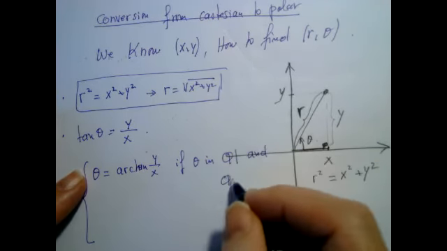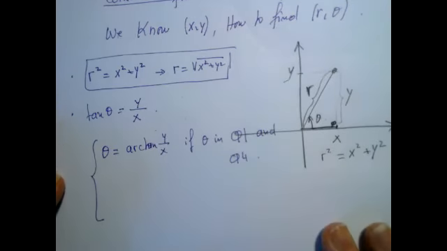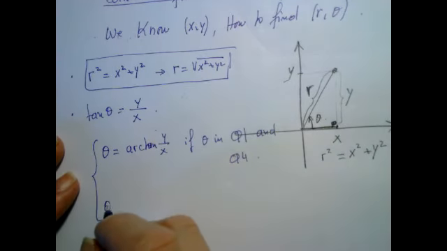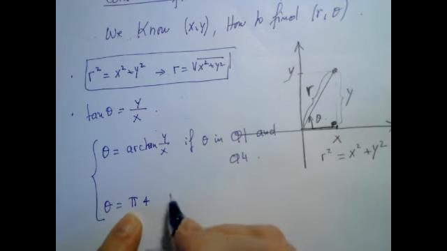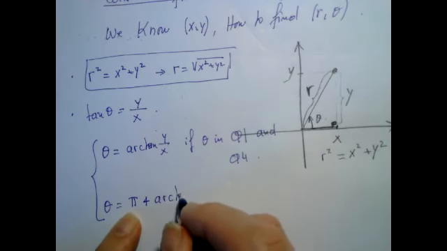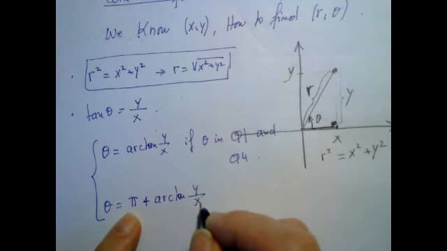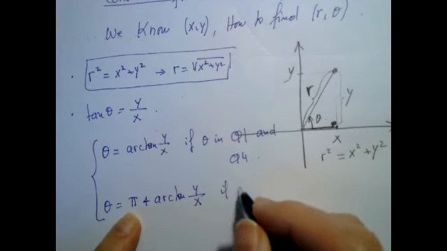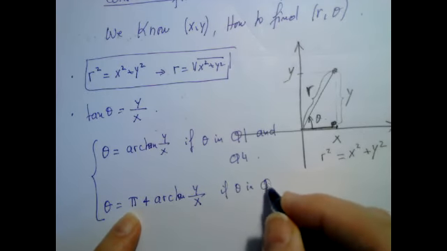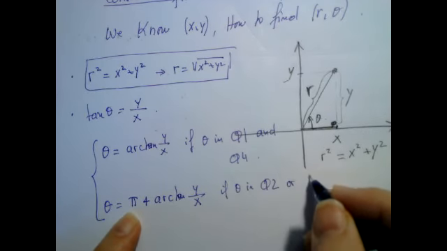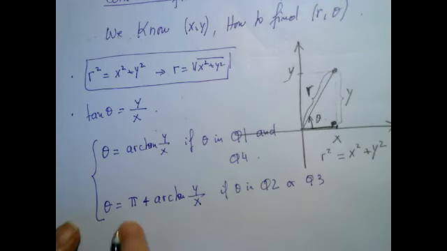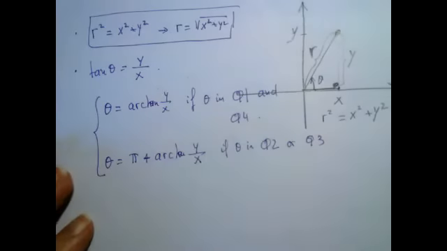And I will explain that. But now I have to write it. And it will be pi plus, if I'm working in radian, arctangent y over x if theta is in quadrant 2 or quadrant 3. And I will explain why I have to add pi in a second.